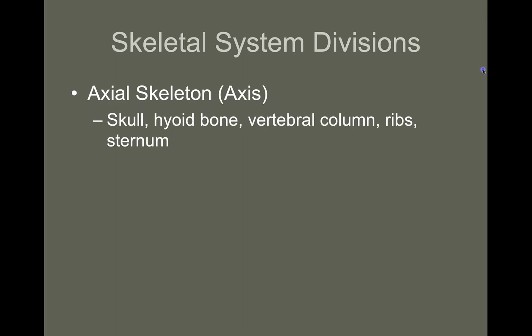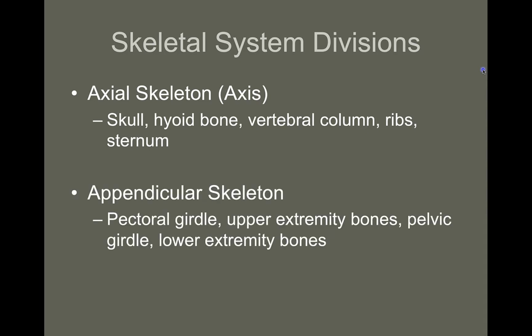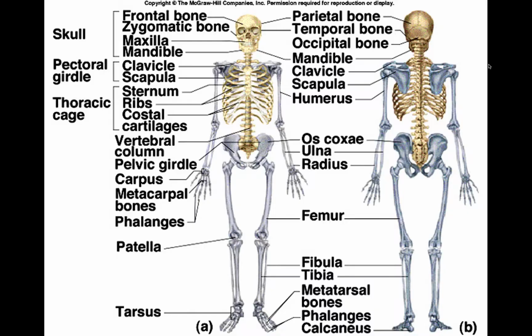So we can divide our skeletal system into two major divisions. Our axial skeleton, axial, think axis, so this is our skull, our hyoid, our vertebral column, and our ribs, and our sternum. And the appendicular skeleton is everything that comes off of that. So our pectoral girdle, our upper extremity bones, so in our arms, our pelvic girdle, and then our lower extremity bones, so our legs.